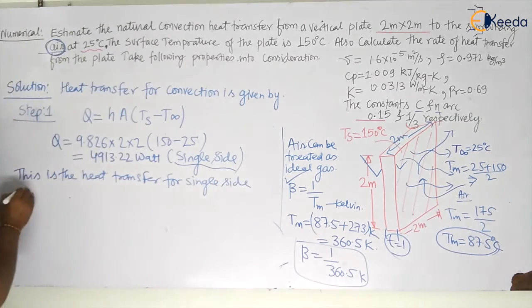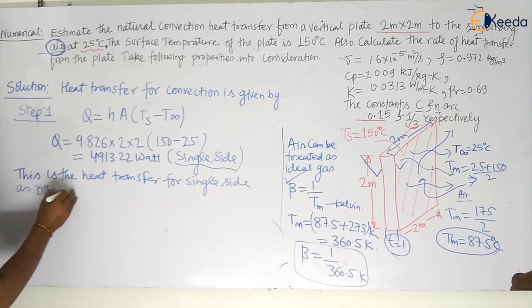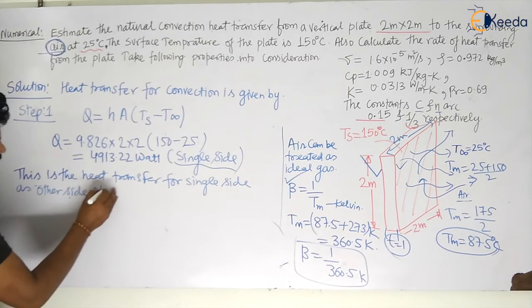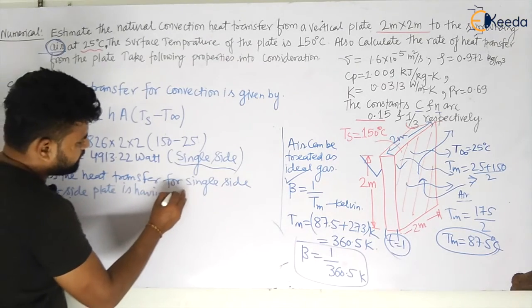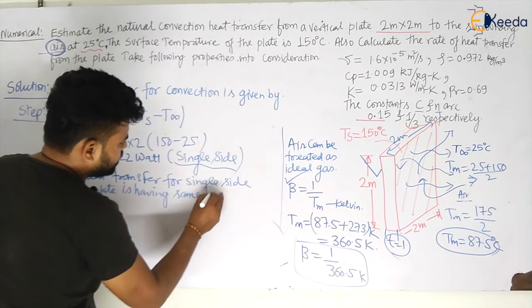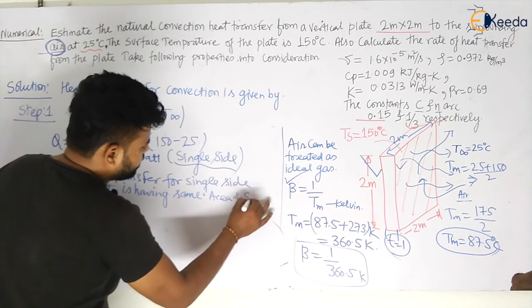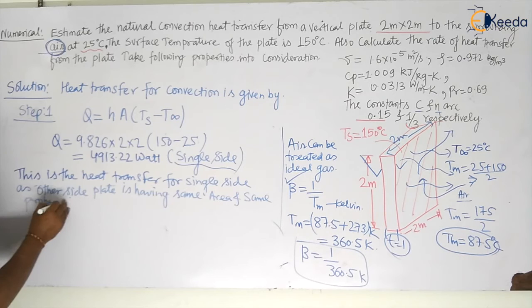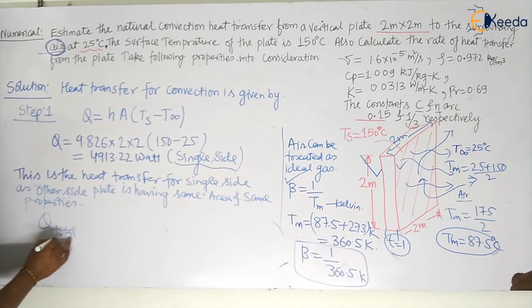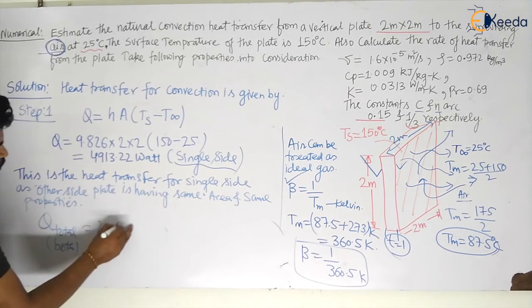The other side of the plate is having the same area and same properties, so total heat transfer Q total, and that is from both sides, will be given by how much? 2 into Q of one side.